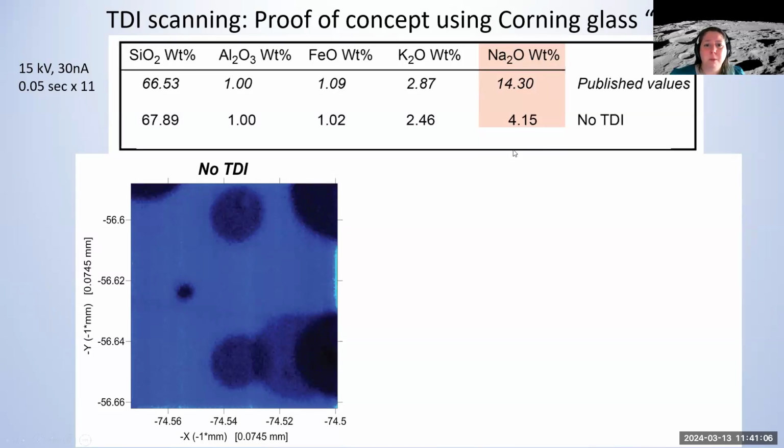I ran multiple maps with what we now call TDI scanning, at 15 kV and 30 nanoamp, admittedly with a focused beam, which is very much against what you would want to do, but with very short dwell times.